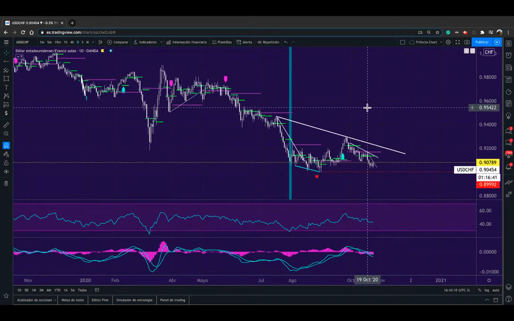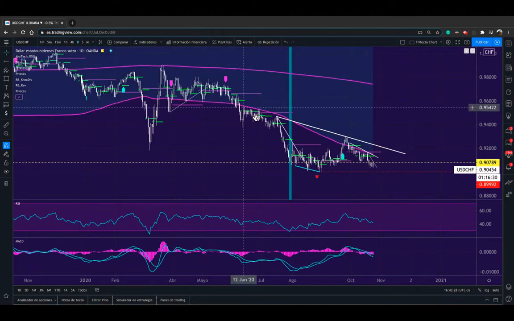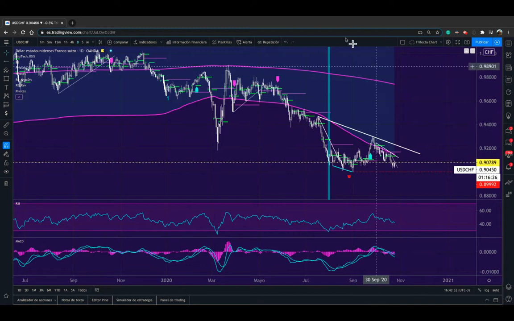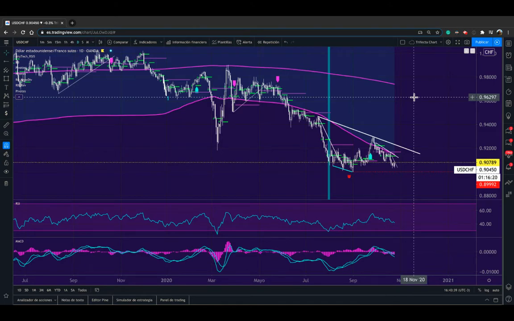After that, everything here is pointing up. Even the Bollinger Bands. I don't know if you know how I use them, but here we have a 500 period Bollinger Bands with two standard deviations.